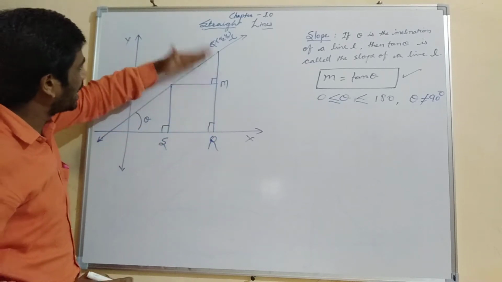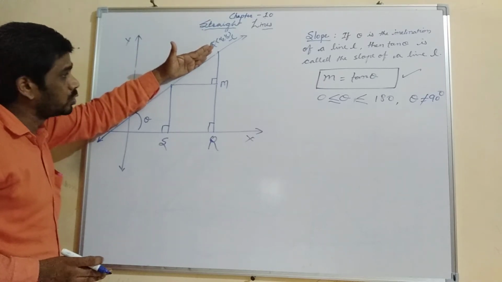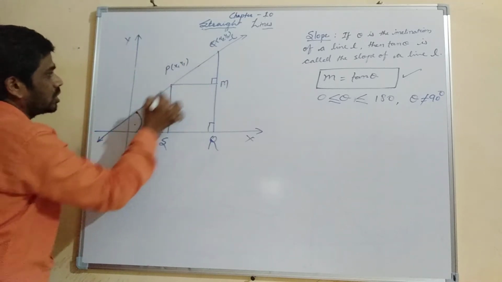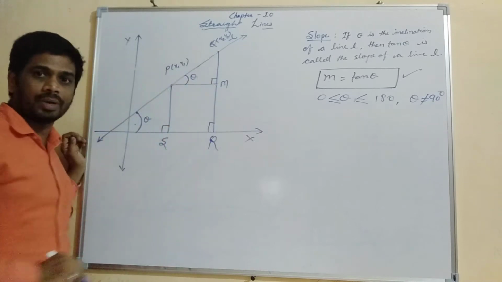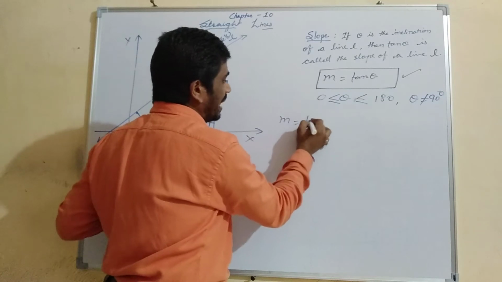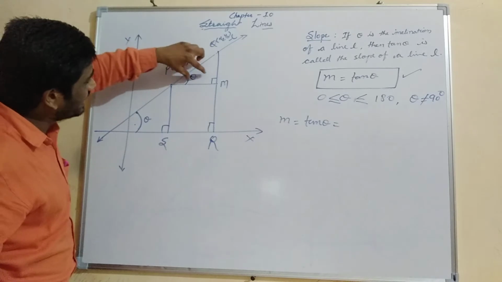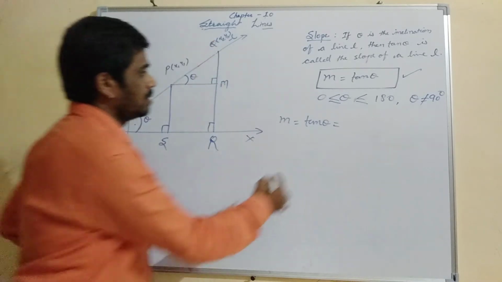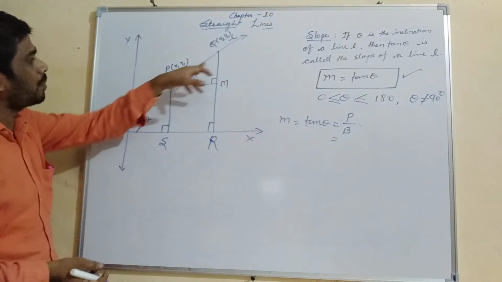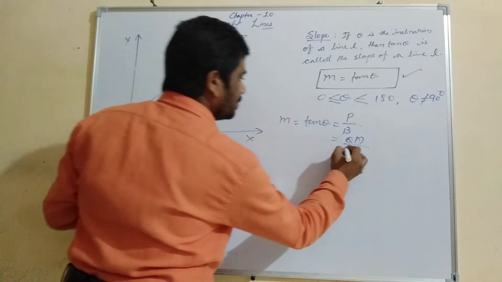If these both are parallel, then the line L will be a transversal for both the lines. So corresponding angles will be equal, which means this is theta, so obviously this will also be theta. Now slope of the line m equal to tan theta, and tan theta is equal to perpendicular upon base. Here the perpendicular is the side opposite the acute angle, which means it will be QM upon PM.